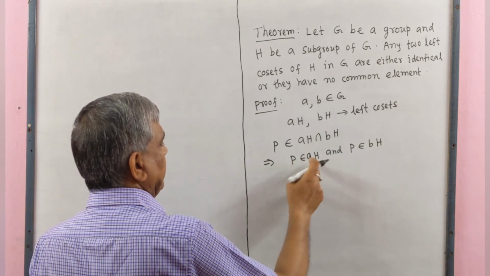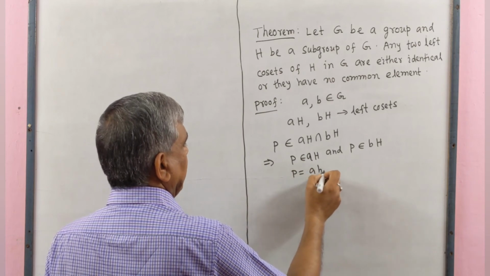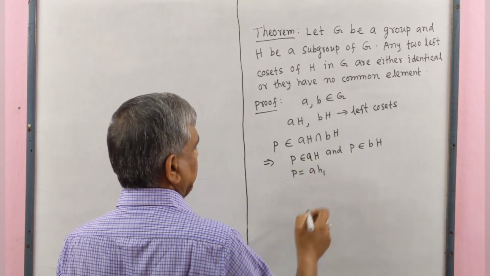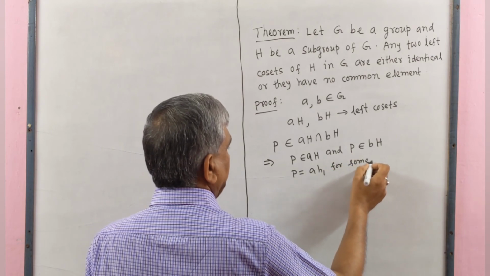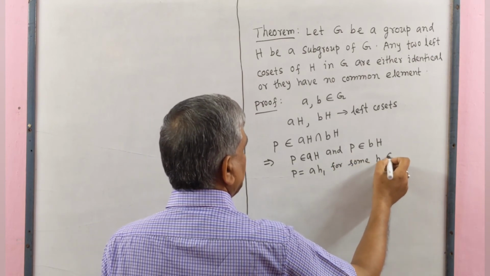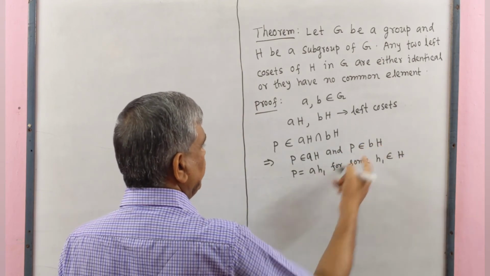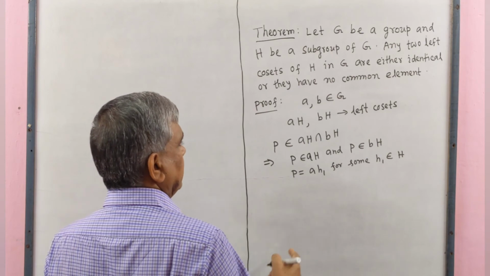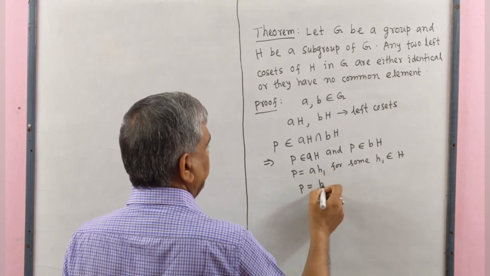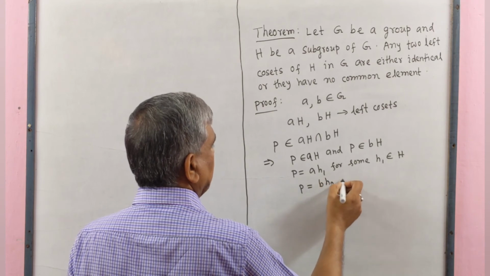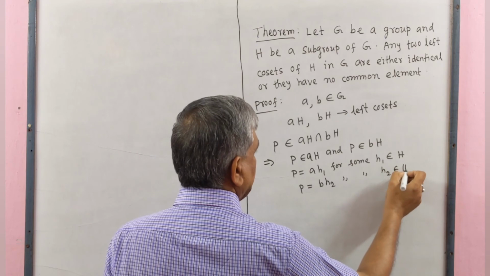We may write here p equal to ah1, since p belongs to aH, for some h1 belongs to H. Here p belongs to bH. We may write p equal to bh2 for some h2 belongs to H.